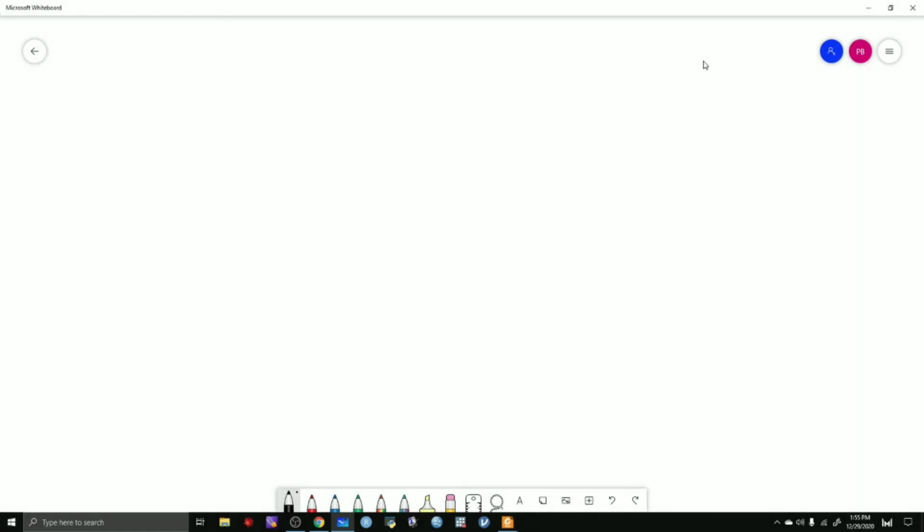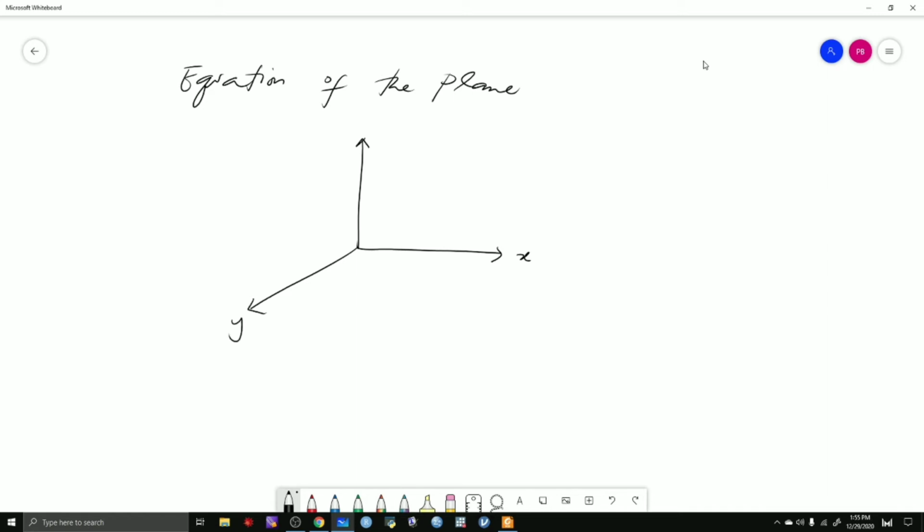Alright, so we are done with the equation of the line. So let's have the equation of the plane. So let us draw a three-dimensional space. So we have x, y, and z.